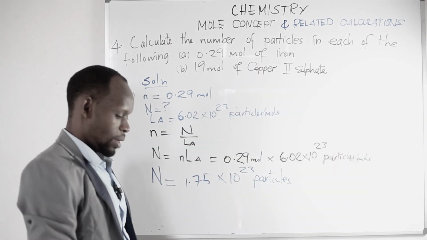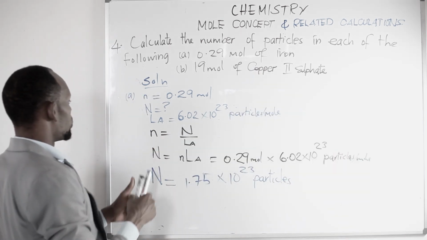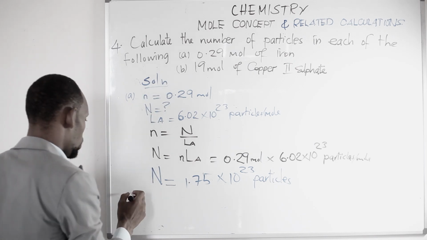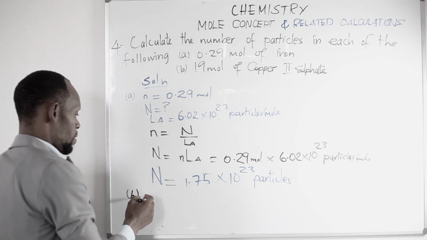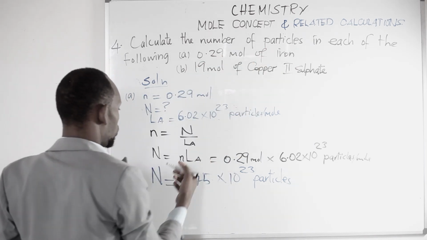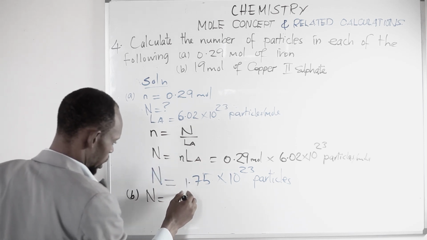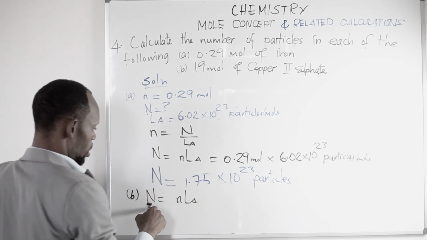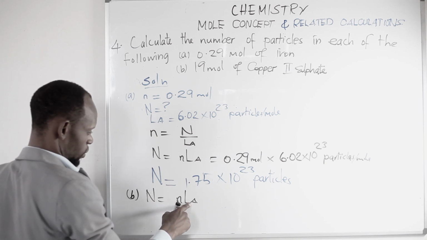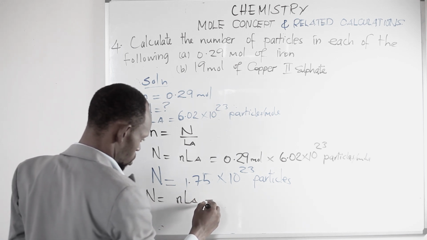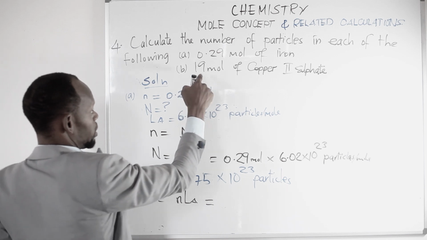For B, the same method, the same technique applies. Because you are asked for the number of particles, we use the same formula, N equals n times L A. This is the number of particles, number of moles, and Avogadro's constant. You are given the number of moles, that is 19.